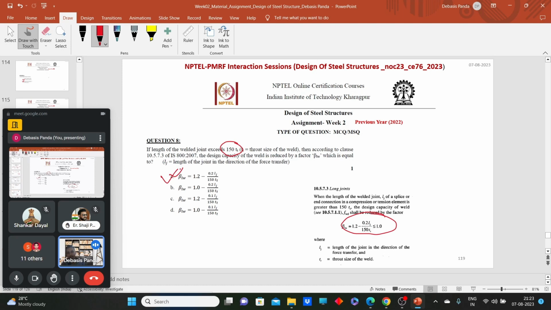Basically what they are trying to find out here is whether you are remembering that 1.2 and 2 factor or not. But this kind of formula, I think they will not ask in the exam, because you have the code right now. So they have asked.